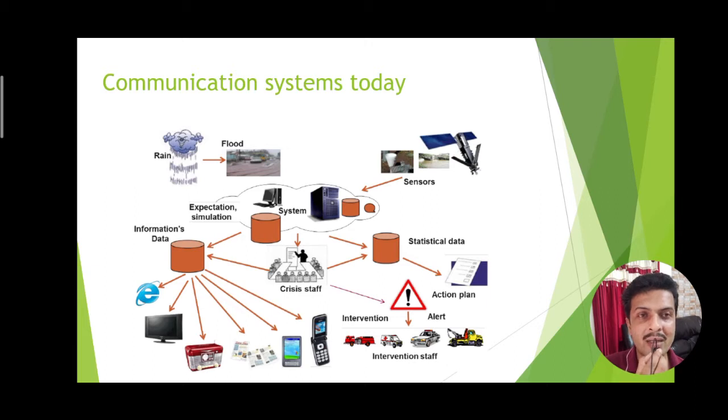So an action plan is prepared, which is sent to the intervention staff who are involved in deciding how many ambulances, what food items, as well as what machineries are required to rescue people, as well as any assets which are getting damaged due to the flood.